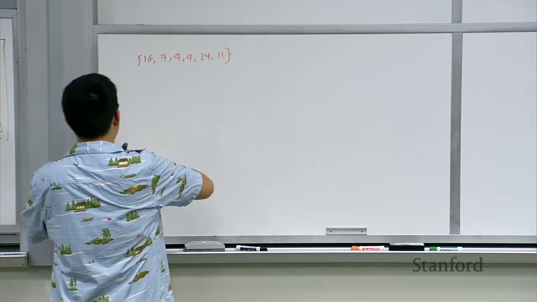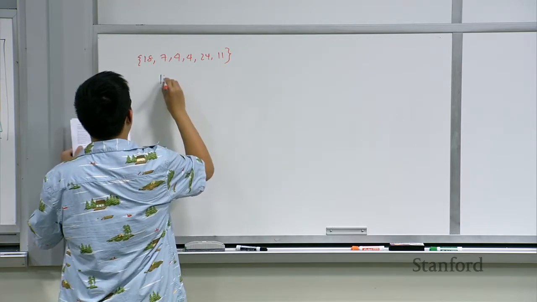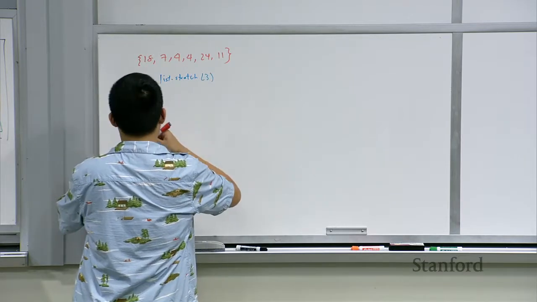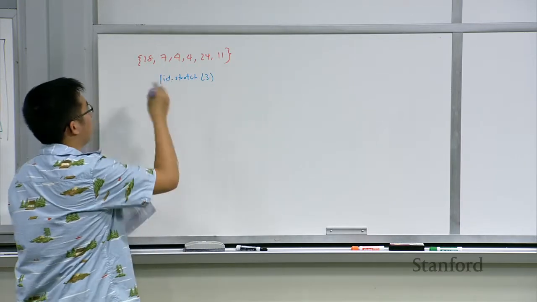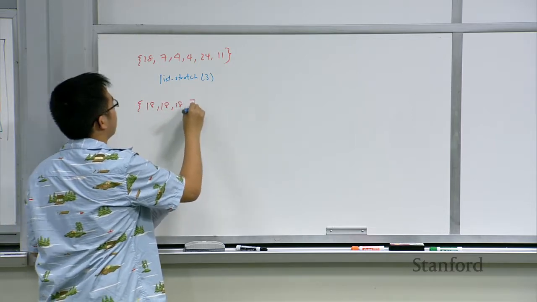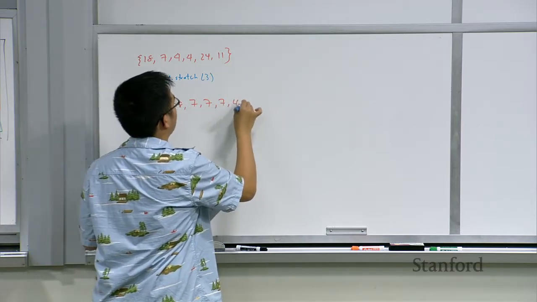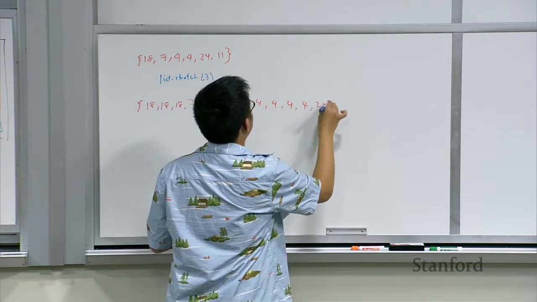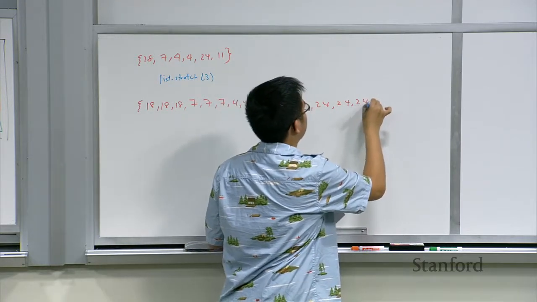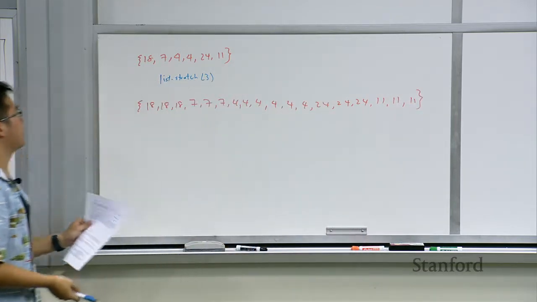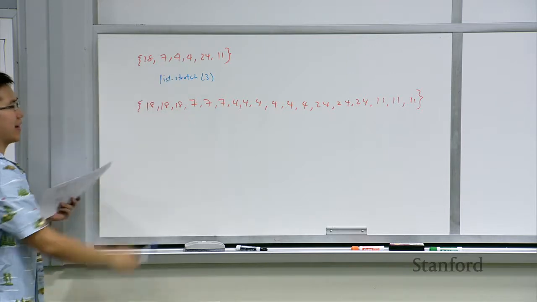If we call list.stretch 3, then what it does is it replaces each one with 3 copies of itself. So 18, 18, 18, 7, 7, 7, 4, 4, 4 for the first 4, 4, 4, 4 for the second 4, 24, 24, 24, and 11, 11, 11. So by stretching this one, you get that one.